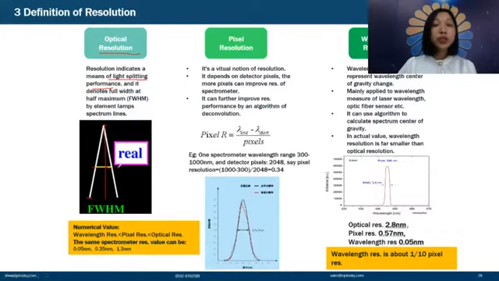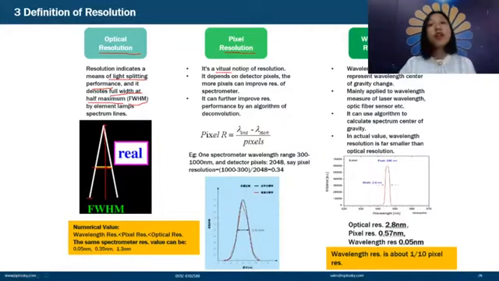Customers should pay special attention. So we need to list the FWHM, full width at half maximum, to indicate the optical resolution.